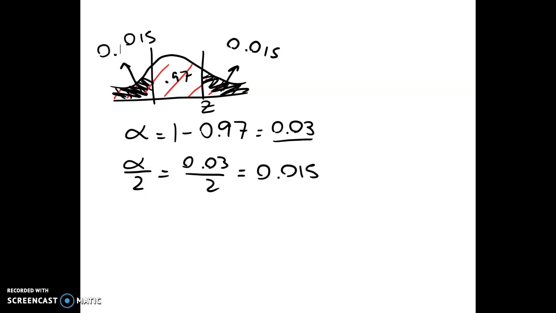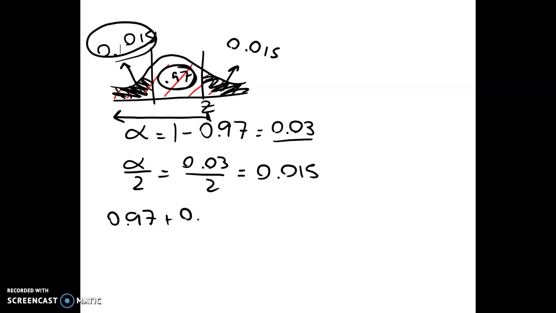Now we're looking for a z-score, the positive one right here. And the z-score is going to have an area from this z-score all the way to the left. Okay, so I need this number and this number added together. So we get 0.97 plus 0.015, and that's going to give us 0.985.